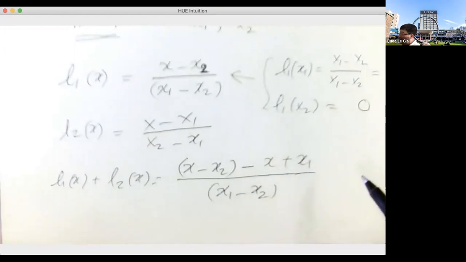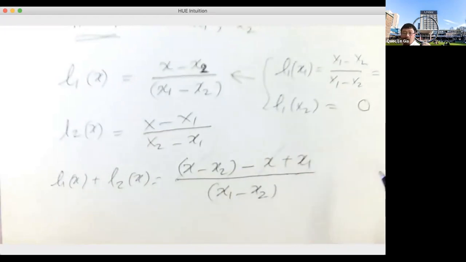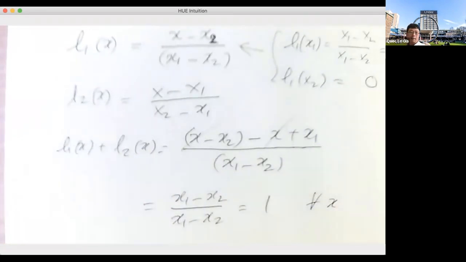And so now x got cancelled, and then you got x1 minus x2 over x1 minus x2. So it's just equal to 1 for all x.